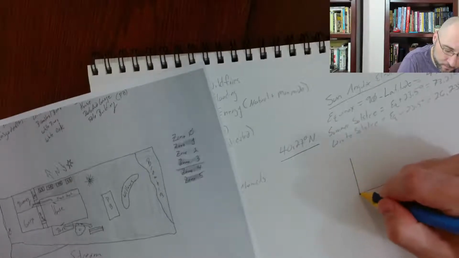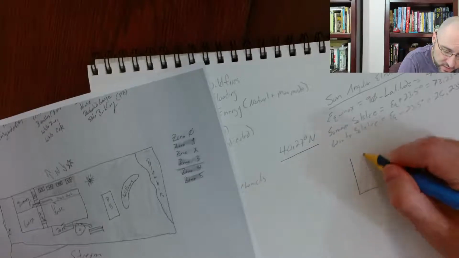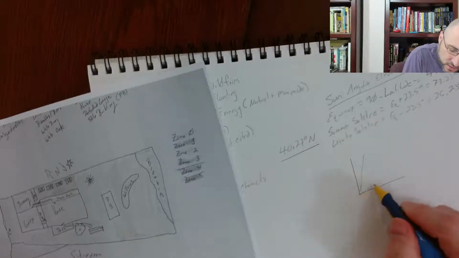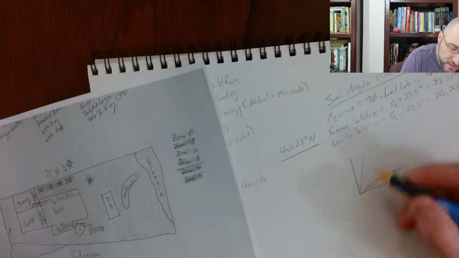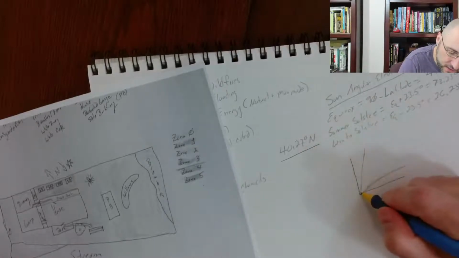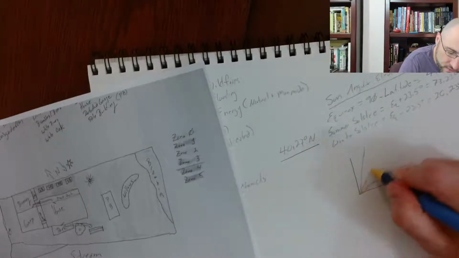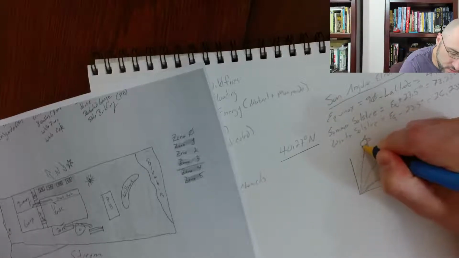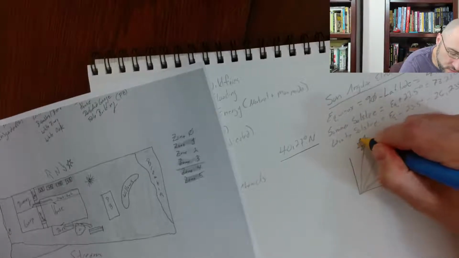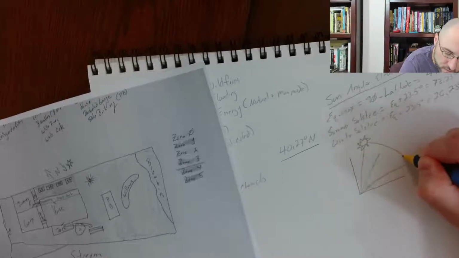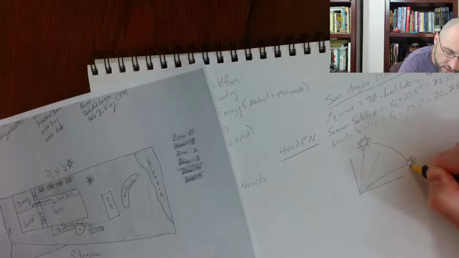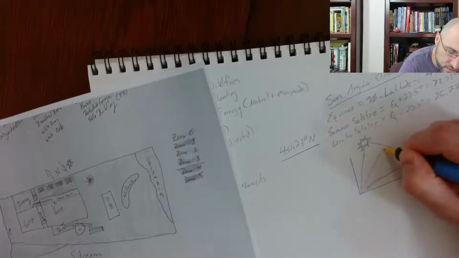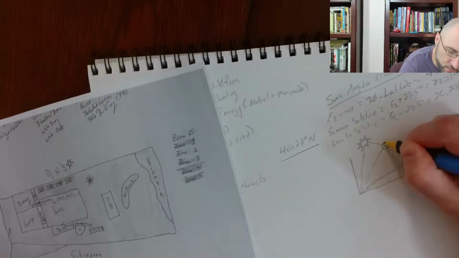the approximate sun angles will look something like this throughout the year.